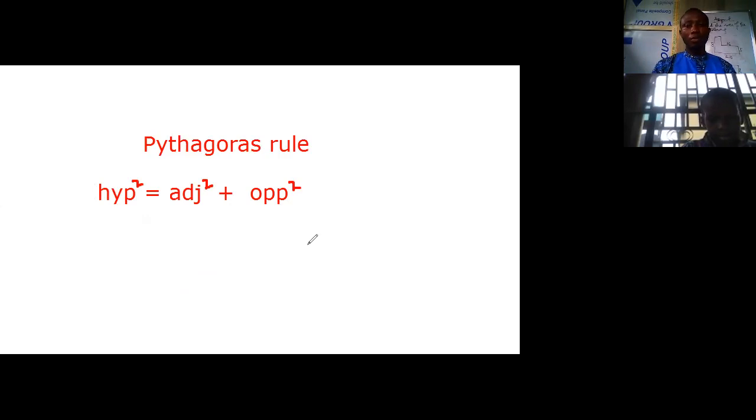That's the rule. Hope you understand the abbreviation, the way I abbreviated it. HYP is hypotenuse, ADJ is adjacent, then OPP is opposite. Do you understand? Yes.